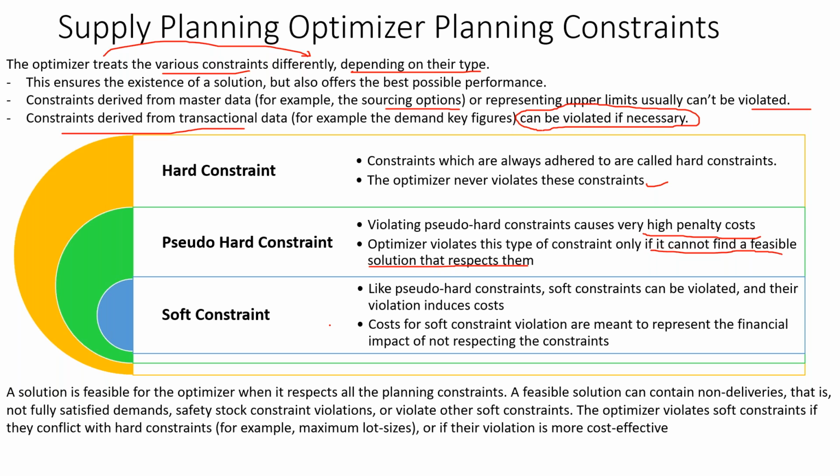We'll see in detail what key figures are there under all these hard constraints, pseudo hard and soft, and we'll also have some demos on it. A solution is feasible for the optimizer when it respects all planning constraints.